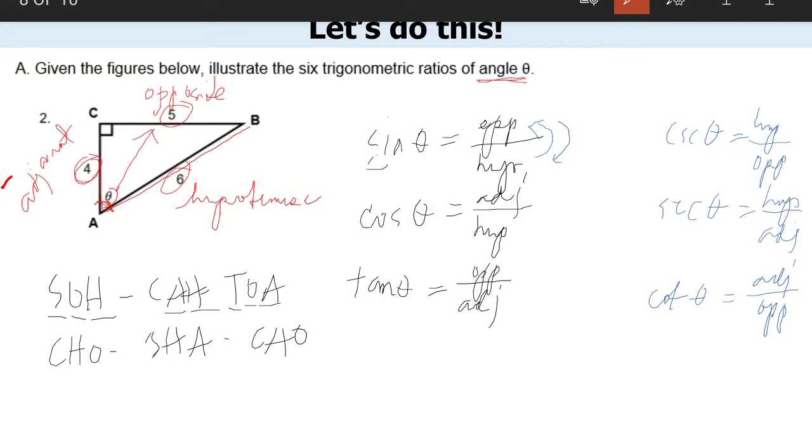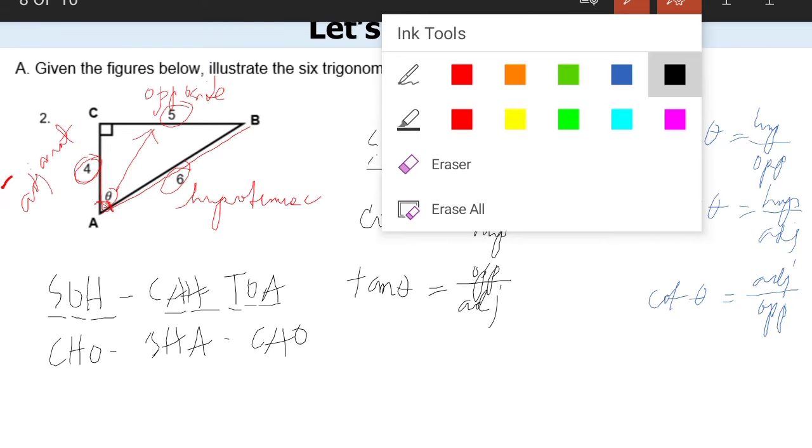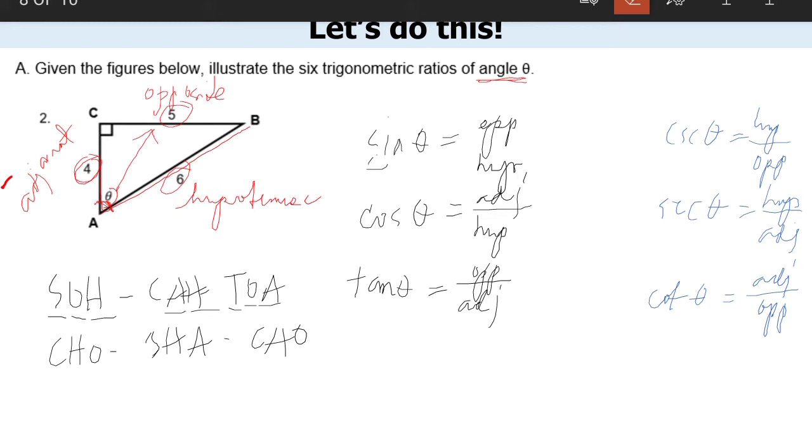Okay, so your opposite is 5. By the way, I will erase it first. So your opposite is 5. So you will write here 5 over hypotenuse is 6. So your sine theta is 5 over 6. For your cosine theta, the adjacent is 4. So you will write here 4 and hypotenuse is again 6.